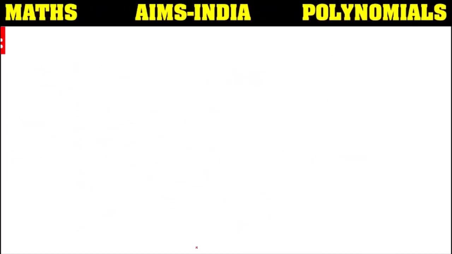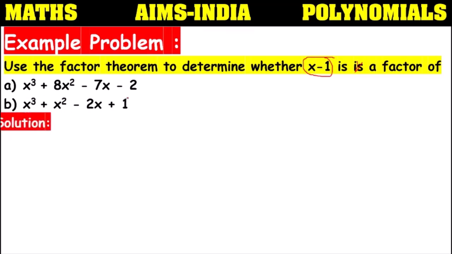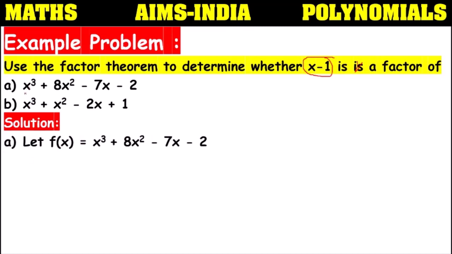So let's see one example. Use the factor theorem and determine whether x minus 1 is a factor of the given expressions. We have two polynomials. We have to find whether x minus 1 is a factor of each polynomial or not. Let's assume this polynomial as f of x.